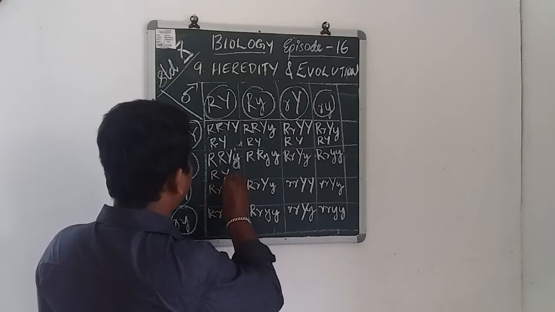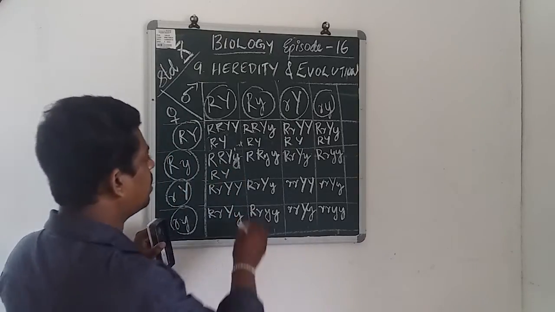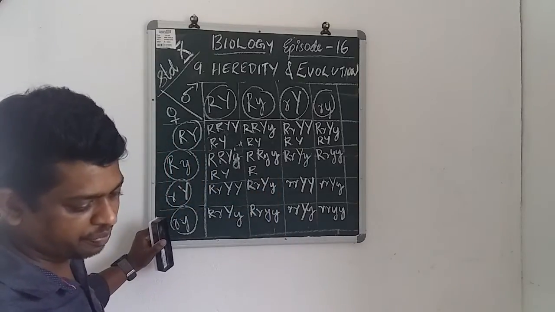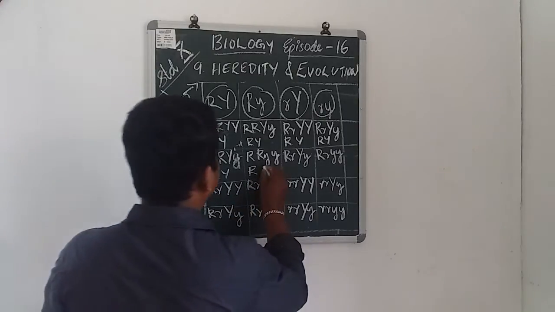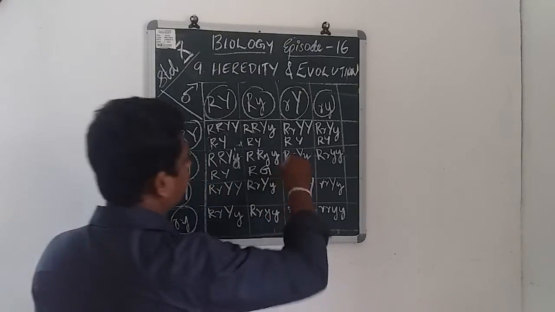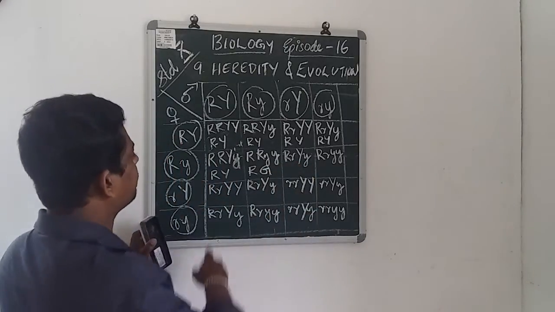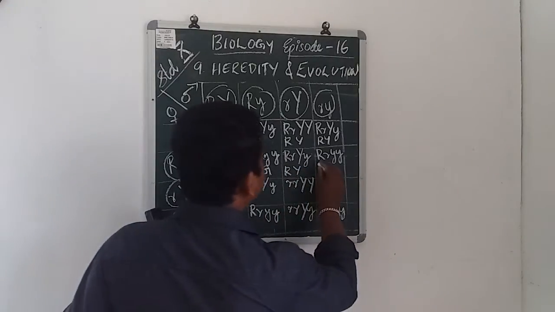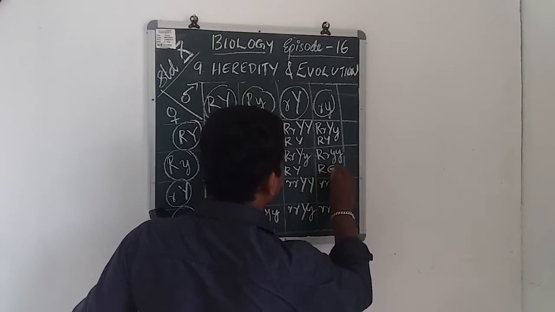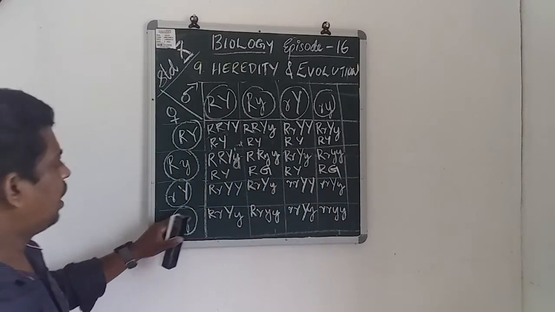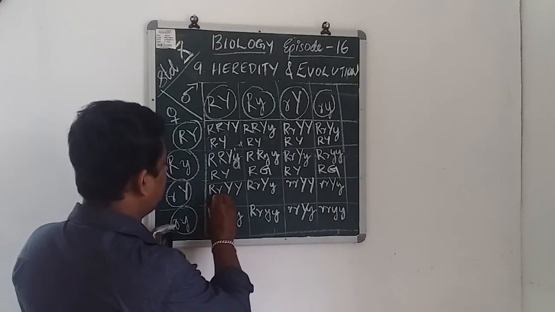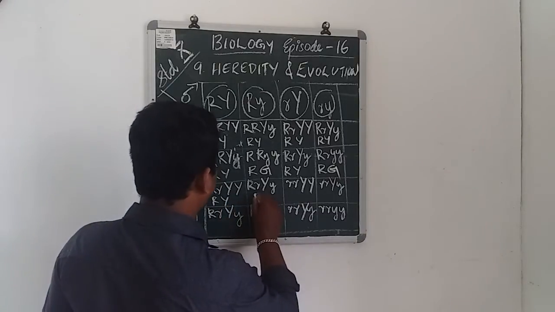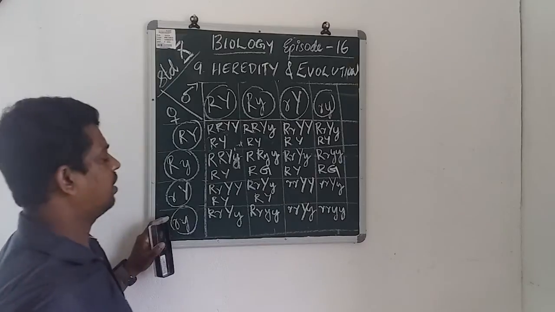And look, round yellow. And this one round with small y, that is green, round green. This is round yellow, and also this is round green. What is this? Round yellow. And this one round yellow.